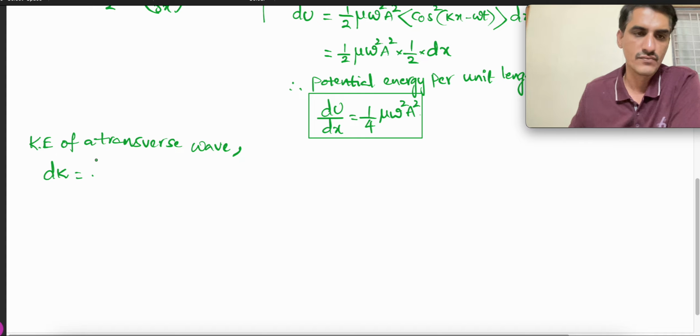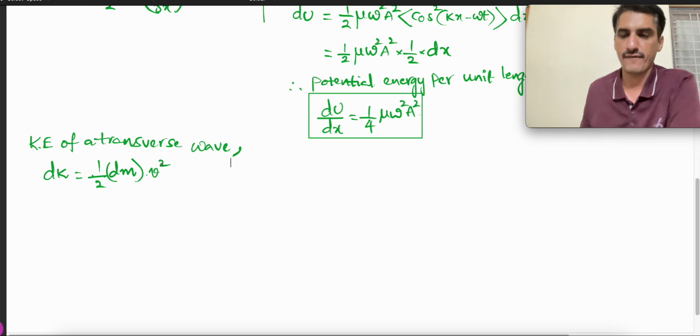dk is equal to half into dm into v square, because kinetic energy is half m v square. What is v here? The speed of the wave. Now let us write the dm value: mu into dx.